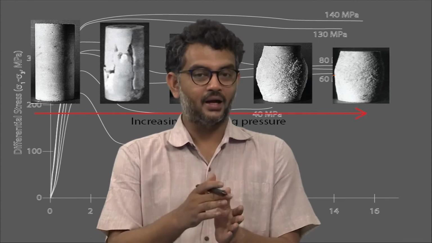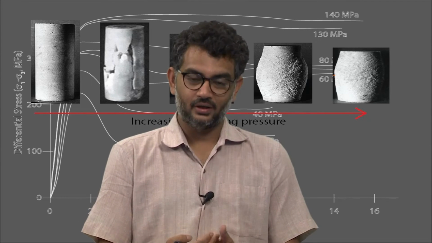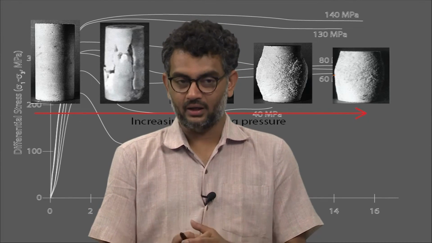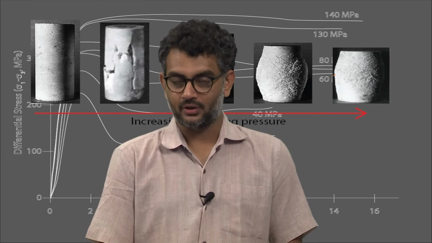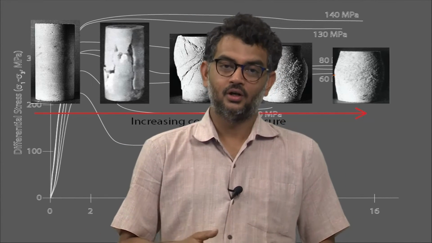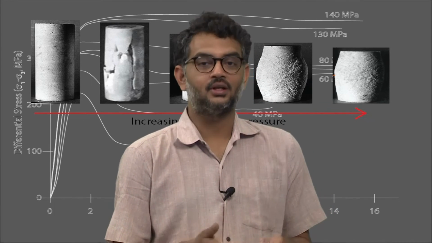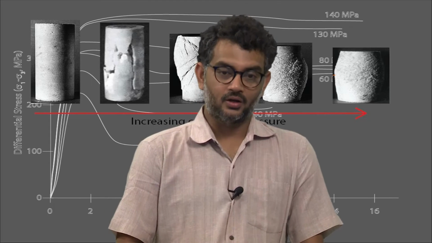So, strain rate at high temperature increases the strength, but at low temperature it hardly has any influence on the deformation of the rocks. This is most likely because at low temperature rocks behave in an elastic manner, and elasticity, we know, does not depend on strain rate.